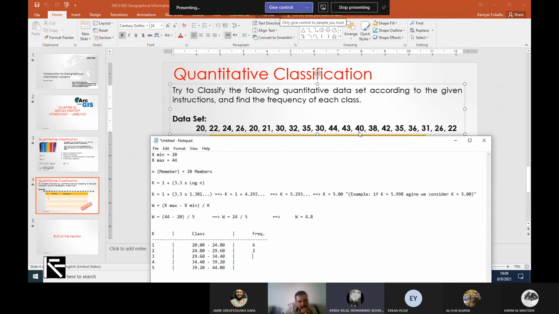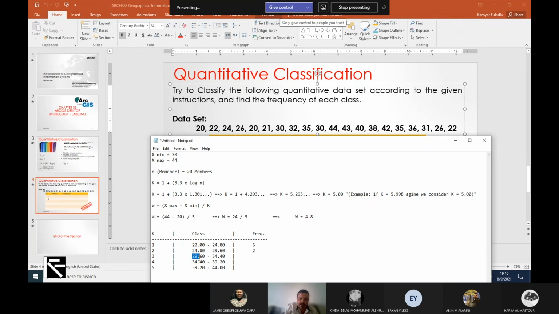And 24, we consider it on top, because the first class is from 20 to 24. So here now we consider from 25 to 29. So I think it is 2. If you see more, just tell me, I will add it.